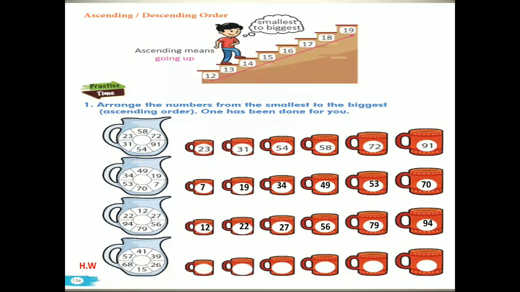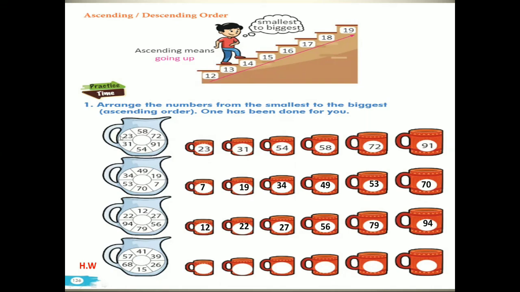Okay. Now, ascending order and descending order. We already discussed it. Ascending order means going up. When we arrange the numbers from smaller to larger, such numbers are called ascending order. So here we have some numbers and we have to arrange them.